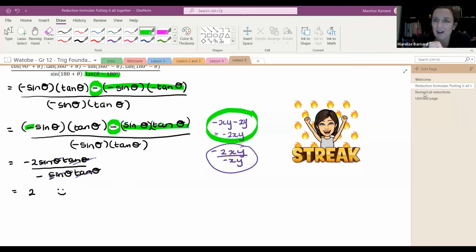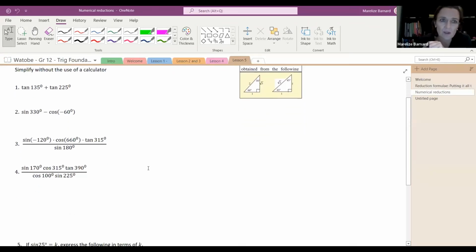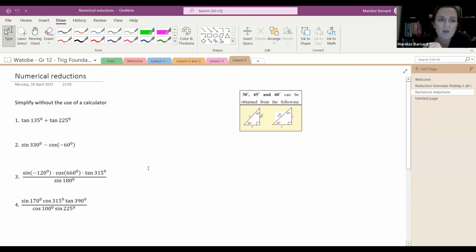Okay, now let's move on to some numerical reductions. We haven't done these yet in this course. So now we are going to use what we know with reduction formula and special angles. So we're going to use our special angles and our reduction formulas together.